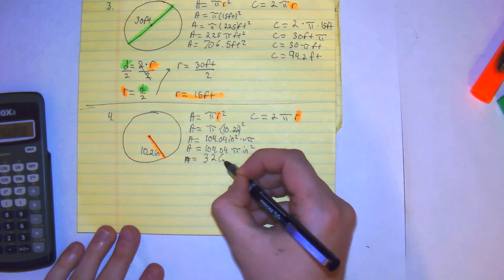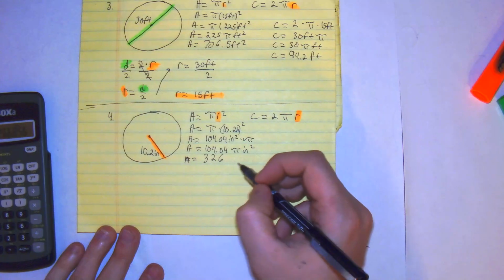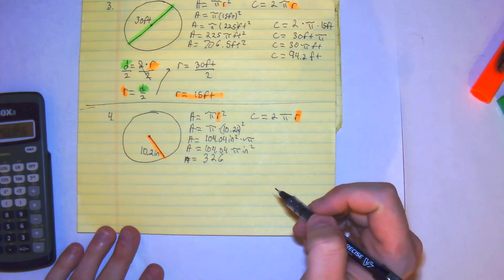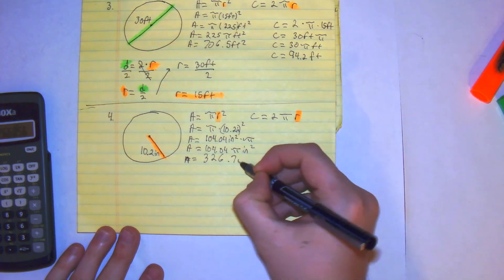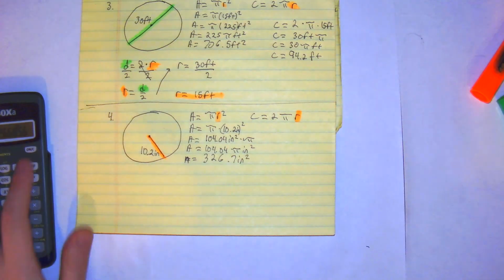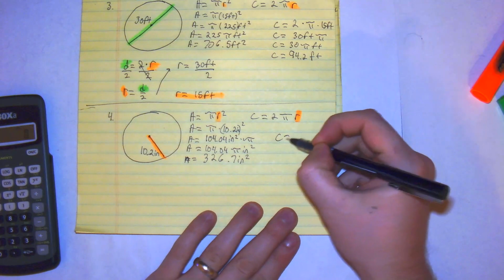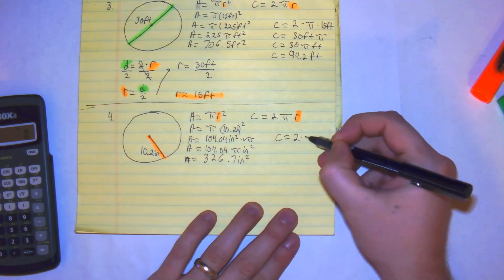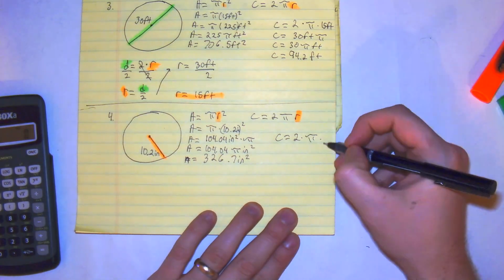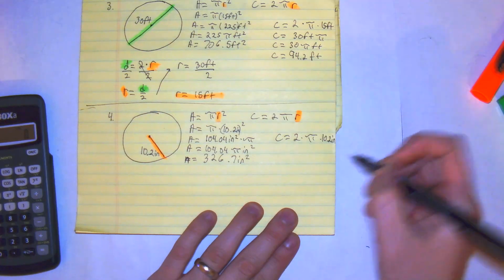We have 326.68. Let's just round to the nearest tenth, 326.7 inches squared.